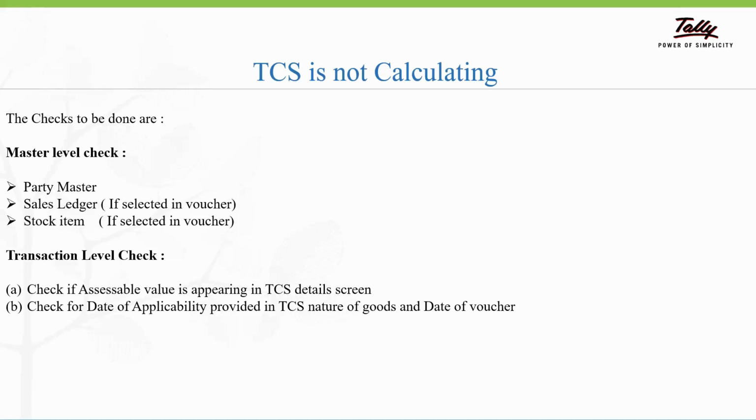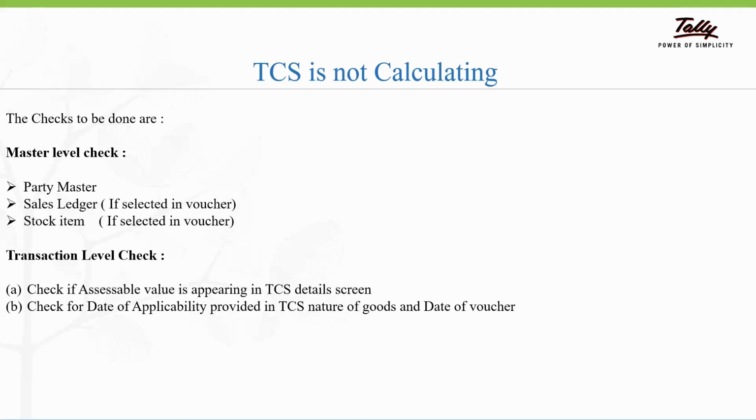For example, if TCS is made applicable from 1st October and the voucher is recorded on 30th September, obviously the calculation will not happen. So these are the three simple things by checking which you can correct the calculation issue. And I'm sure when these are all set right, the calculation will happen automatically.